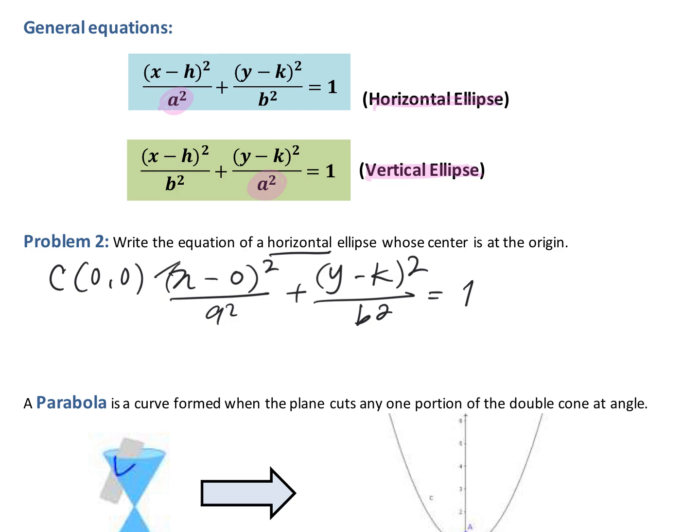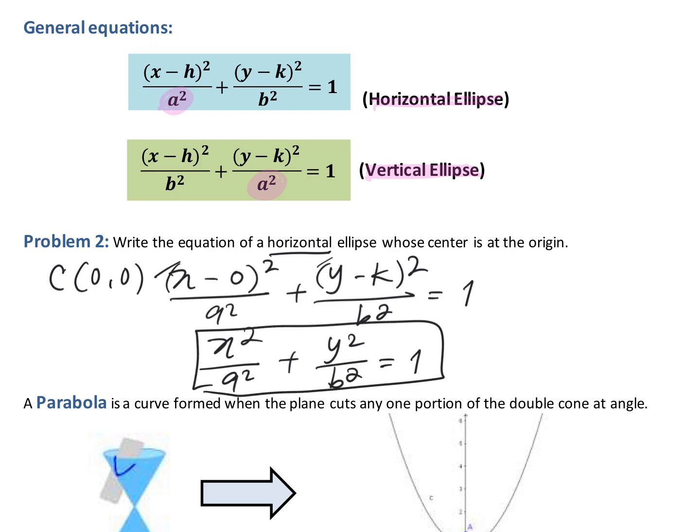Now let's simplify these two, and that's going to give you only x^2 / a^2 + y^2 / b^2 = 1. So this is now our horizontal ellipse whose center is at the origin.